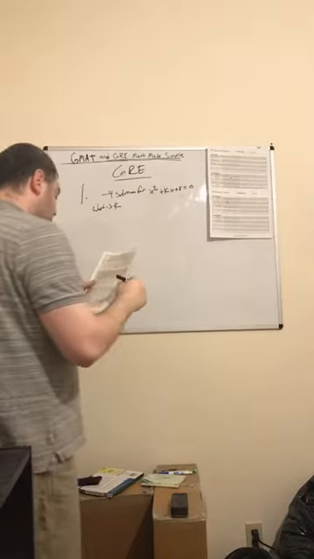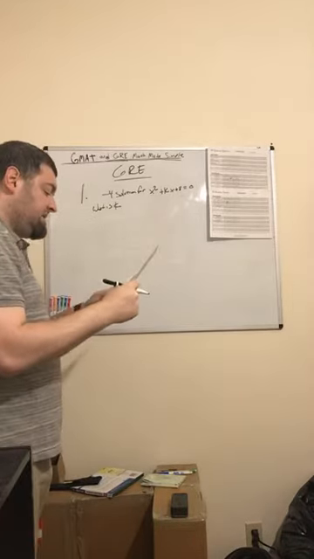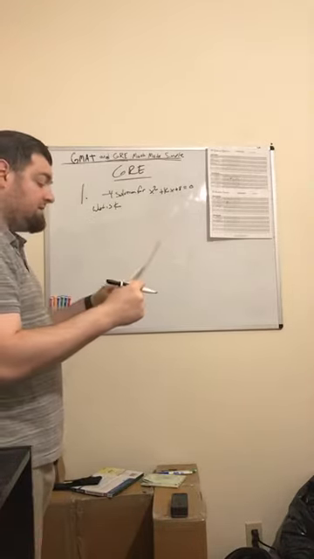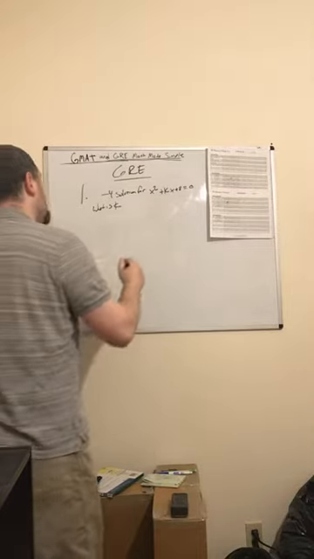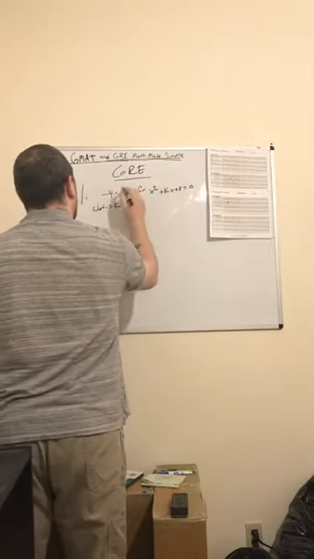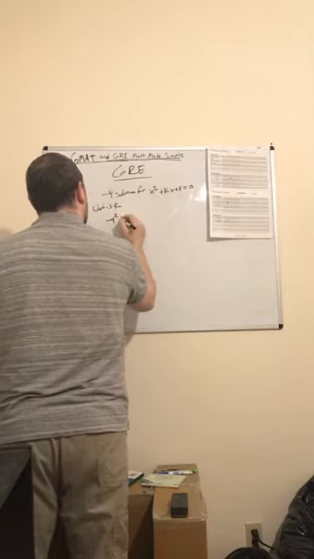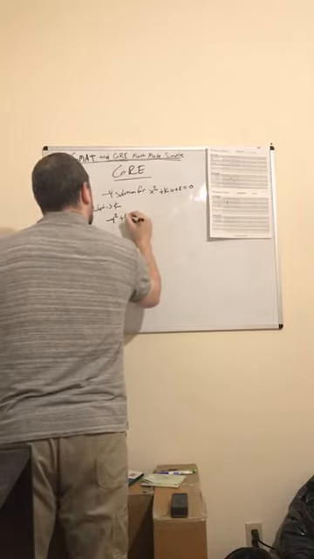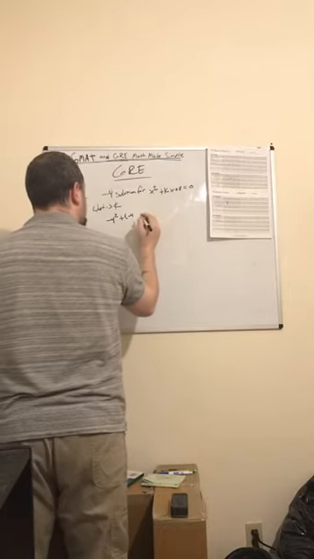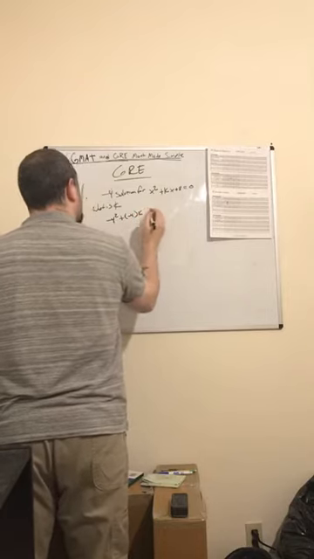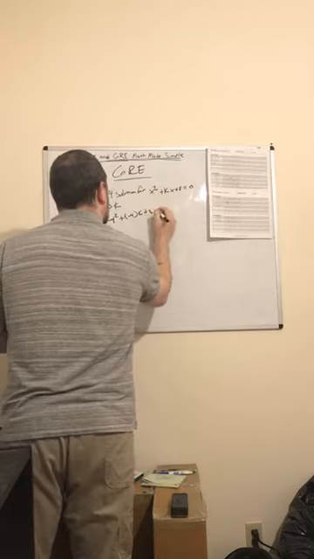Now, what we could do is take the negative 4 and substitute it for every x that's in there. So we put negative 4 squared plus, let's put negative 4 in parentheses, times k, plus 8 equals 0.